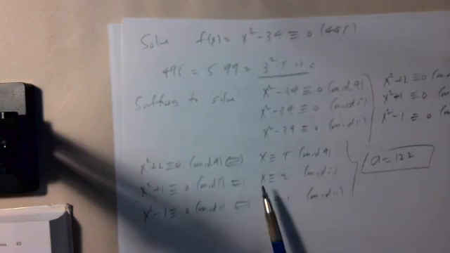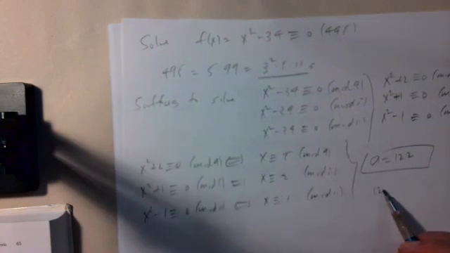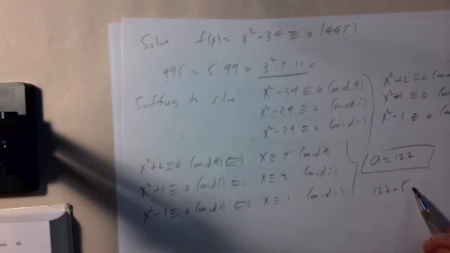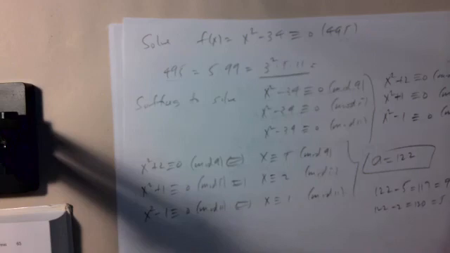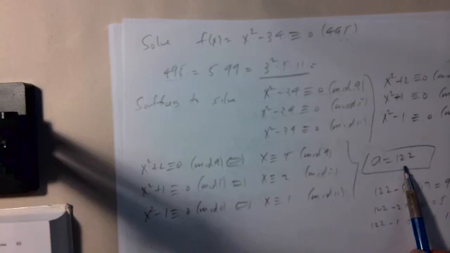Let's just check. 122 minus 5 is 117, which is 9 times 13. 122 minus 2 is 120, which is 5 times 24. 122 minus 1 is 121, which is 11 times 11. So a equals 122 is the solution.